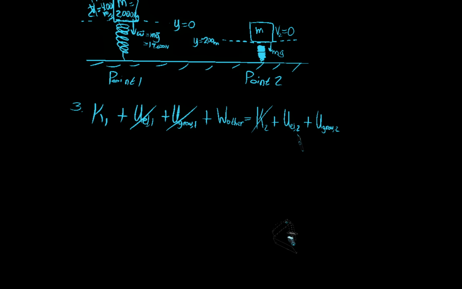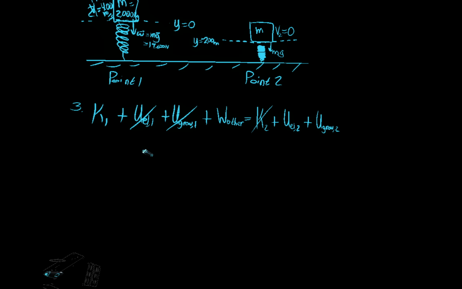But we do have some elastic and gravitational potential energy on the right because the spring is compressed, so it's pushing back up on the elevator. And mgy2, y is not equal to 0 there. Neither, of course, is mass or gravity. So we do have elastic potential and gravitational potential energy in our point 2 scenario.